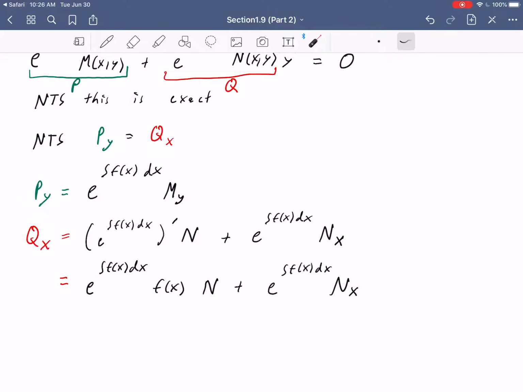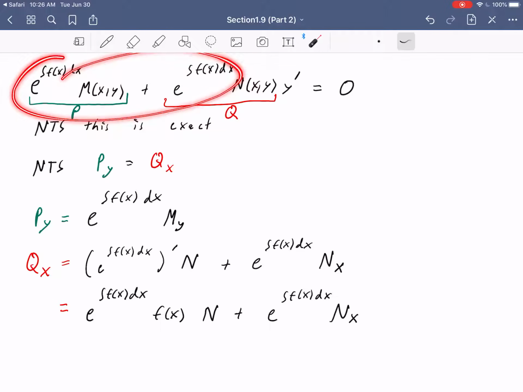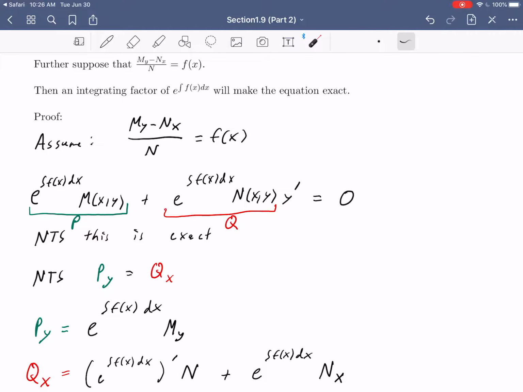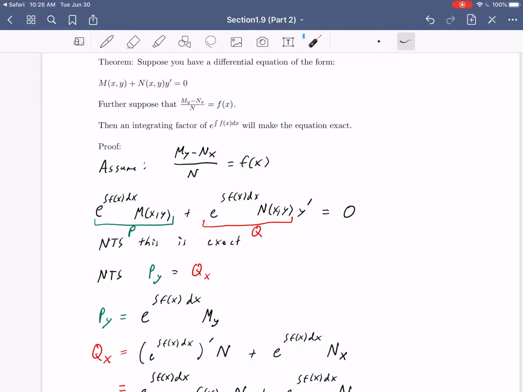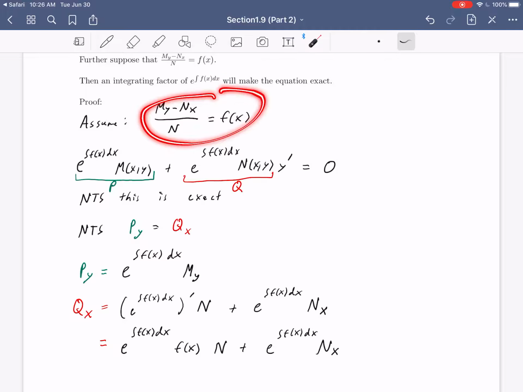But at this point, all we've used is the integrating factor. What we haven't used is the actual assumption, right, that we have this very special relation between these partial derivatives, the original N function, and this f(x). In other words, we get to assume that f(x) is of this form. So let's go ahead and plug this in there.